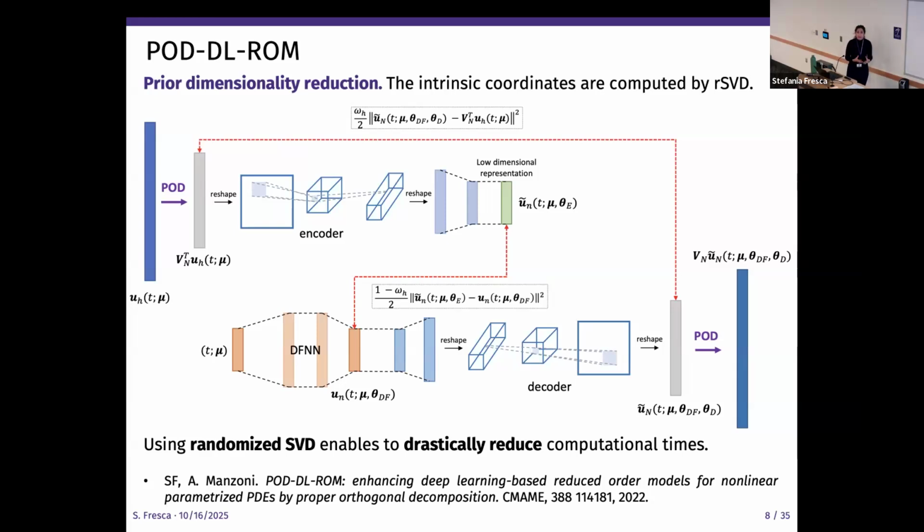I want to highlight moderate reduction because we are not using POD in this context to match the intrinsic dimension of the problem. We are just using it as a prior filter. Obviously, the POD DL-ROM takes as input the coefficients of the POD basis functions, and provides an approximation of them.